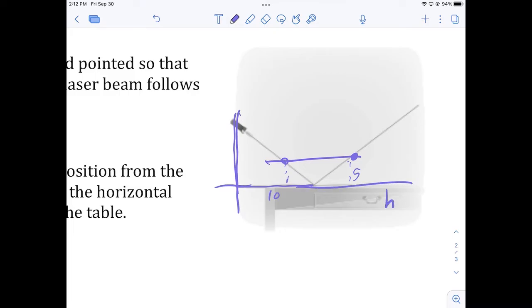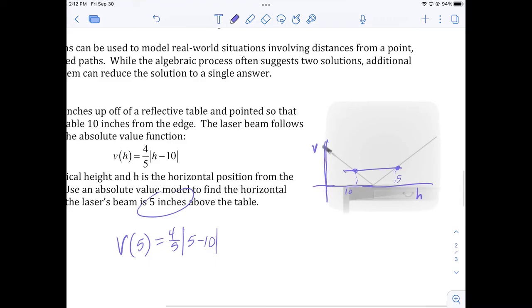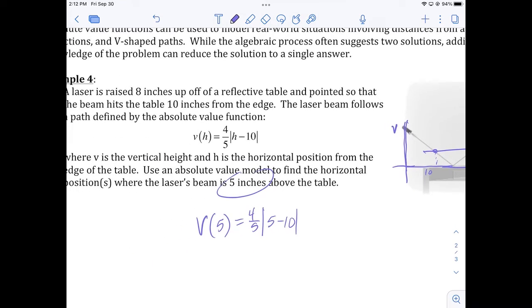This is the horizontal position axis, and this is the vertical position axis. I want to know where it's 5 inches. Look at this. What does this word say? It says above the table, not to the right of the table. No, it is a v value. It is a vertical value. So I must set it equal to 5.